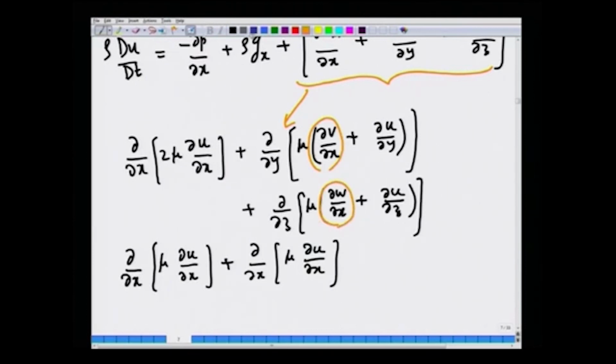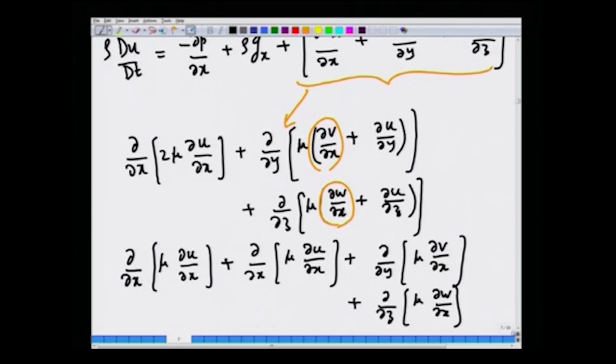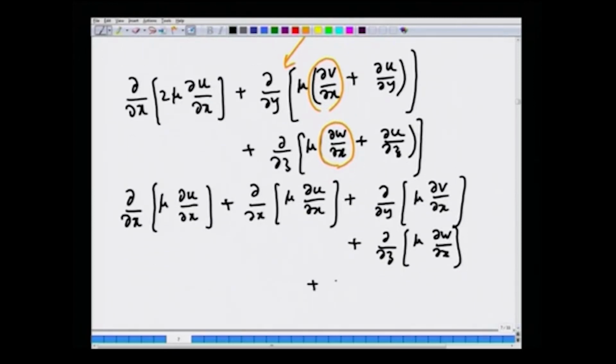I am going to separate out the first term plus partial y of mu partial v partial x plus partial z of mu partial w partial x, but still we have those two terms, plus partial y of mu partial u partial y plus partial z of mu partial u partial z.